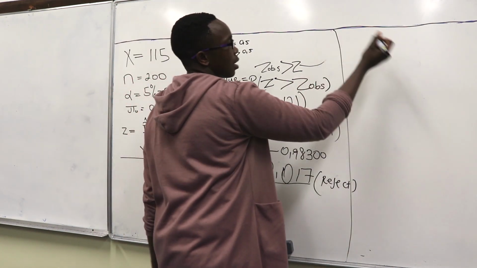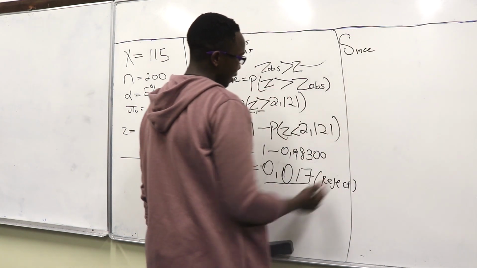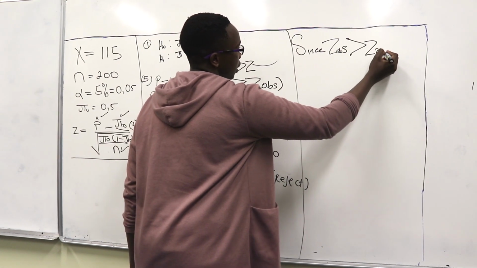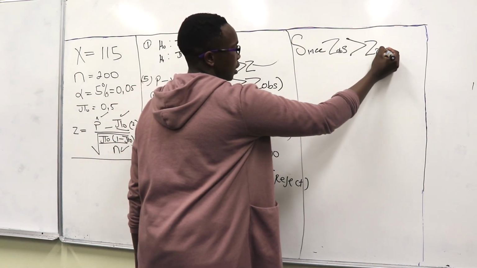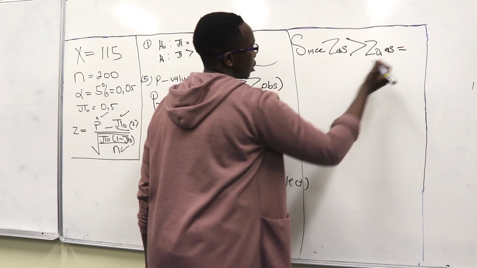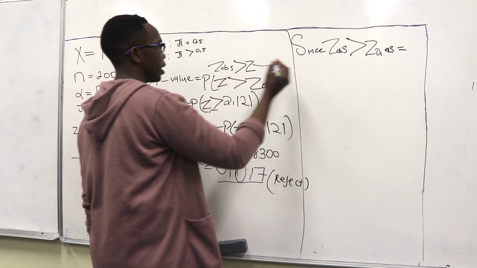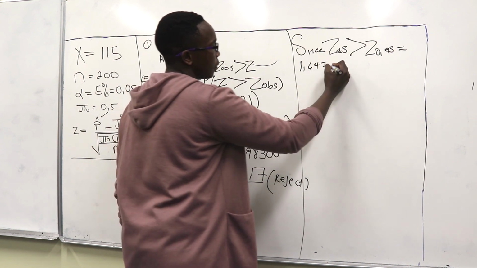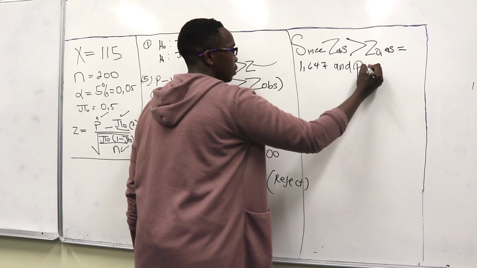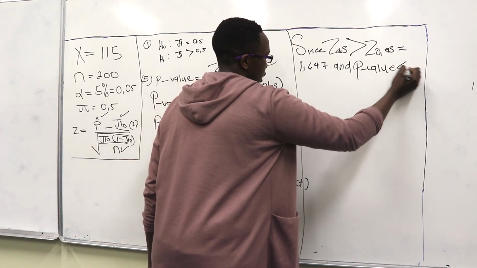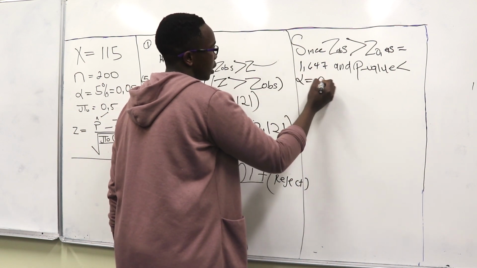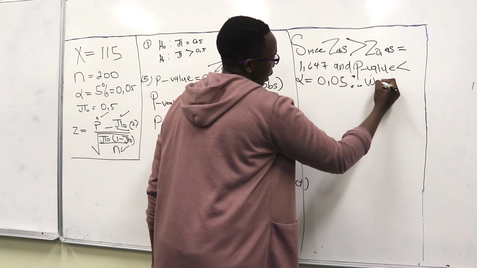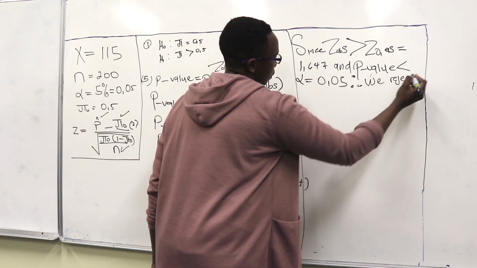I think we know the lyrics by now. We start with since. Since Z observed is greater than Z of 0.5, which is equal to, I erased it, but I think it was 1.645, and our p-value is less than alpha, which is 0.05, therefore we reject H naught.